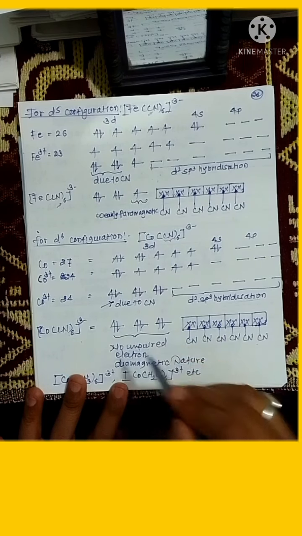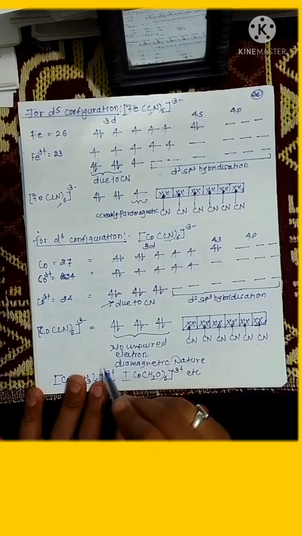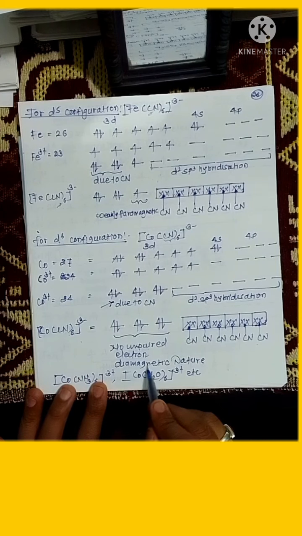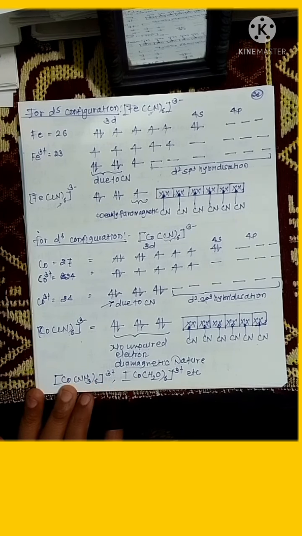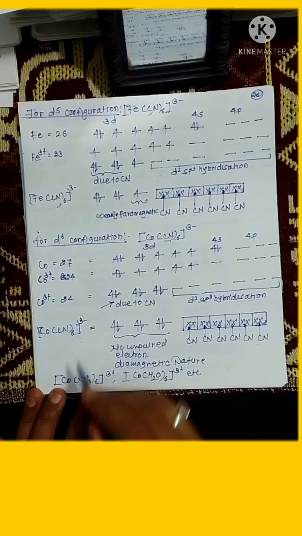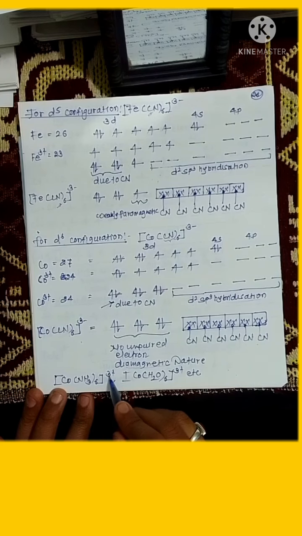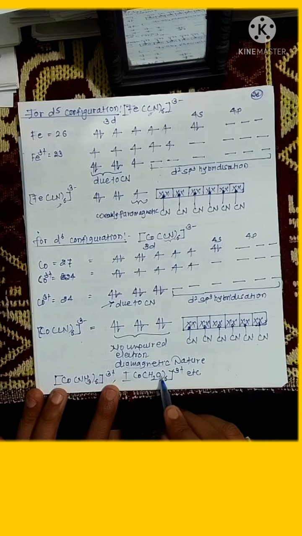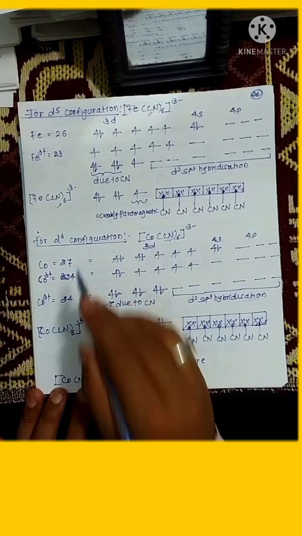In this example, we clearly see that there is no unpaired electron, and that's why this complex is diamagnetic in nature. Other examples of this type of complex are Co(NH3)6 3 plus and Co(H2O)6 3 plus. They have d6 configuration.